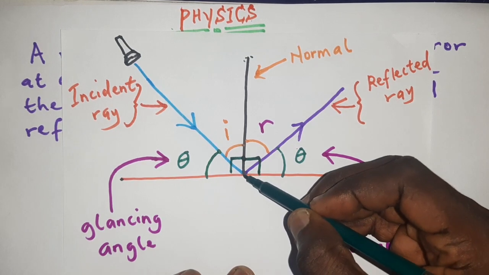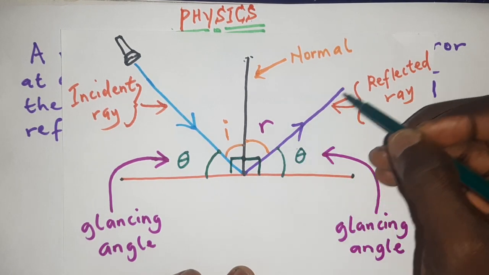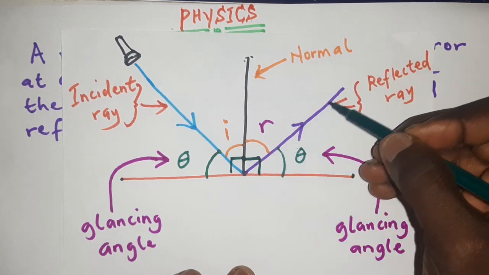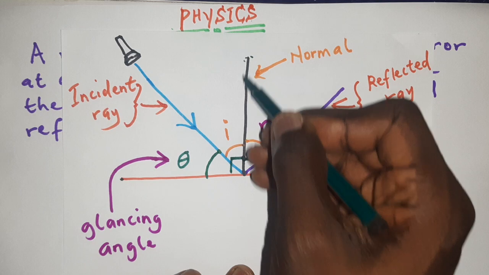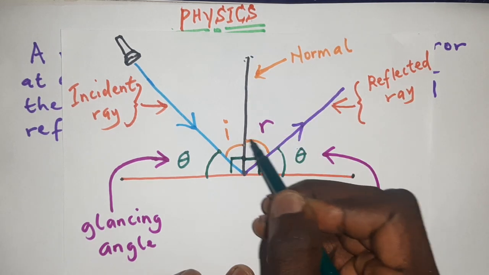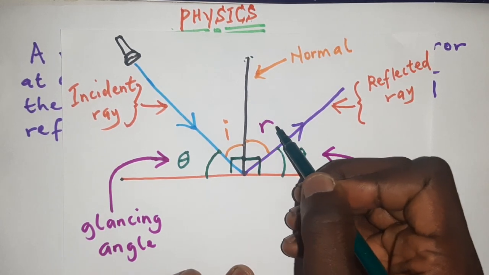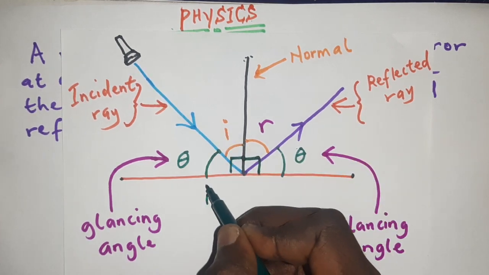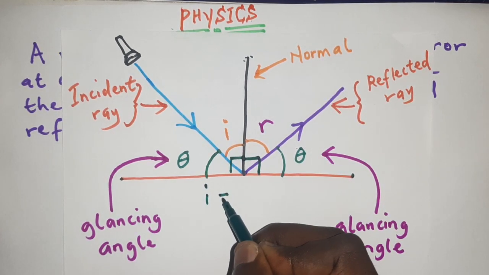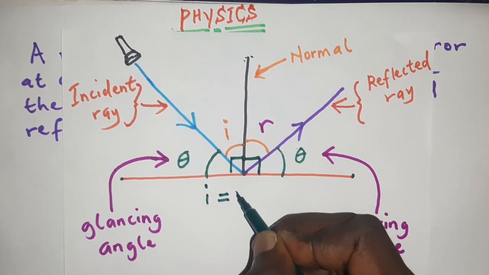The reflected ray is going to make an angle also with the normal, and they call that angle the angle of reflection. And in this case, the angle of incidence will always be equal to the angle of reflection.